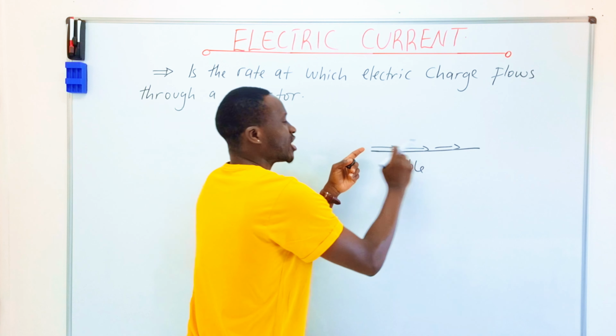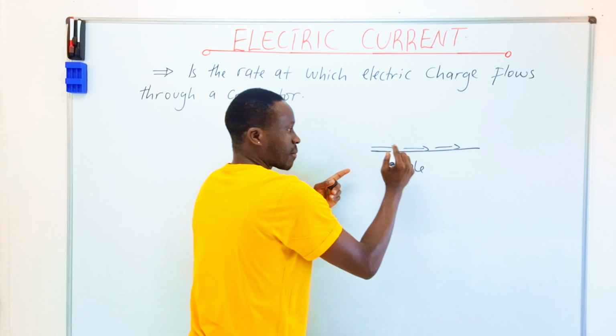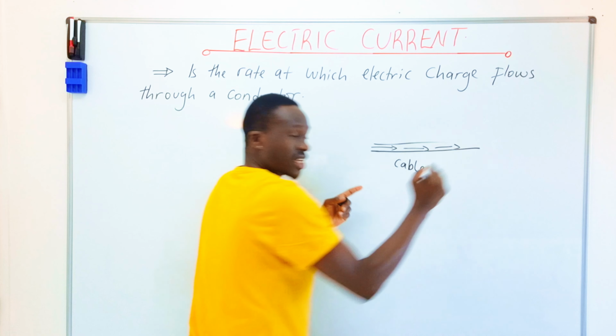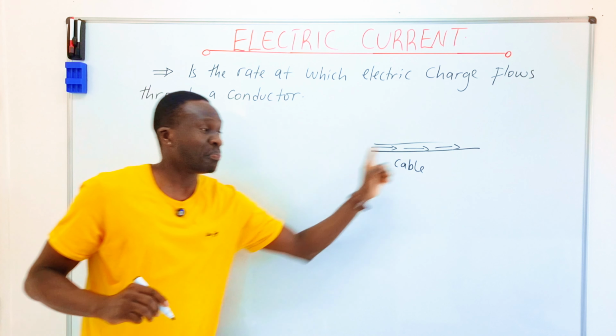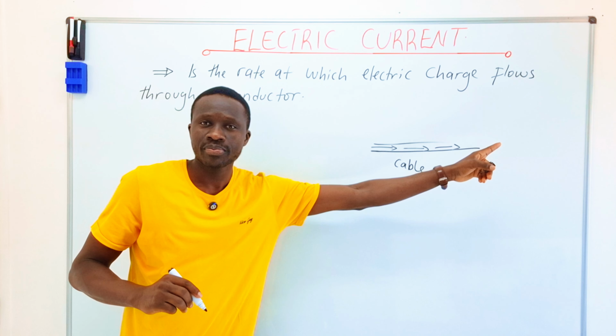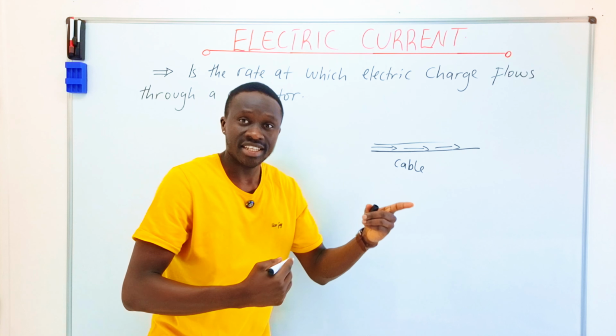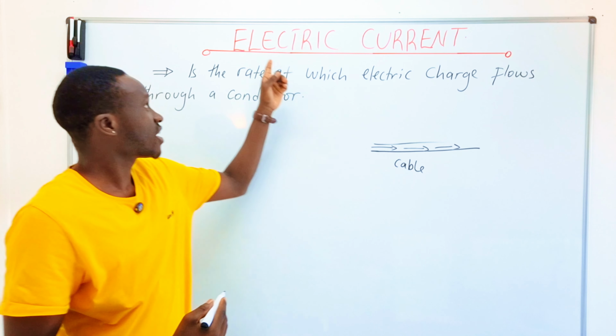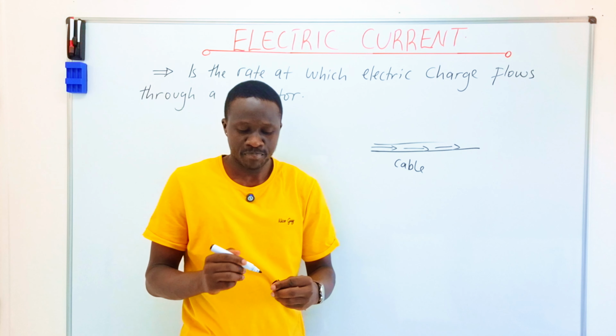The rate at which this electric charge passes through a cable, that rate is what we refer to as electric current.